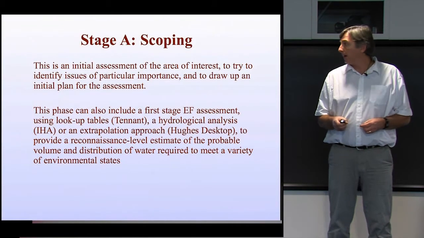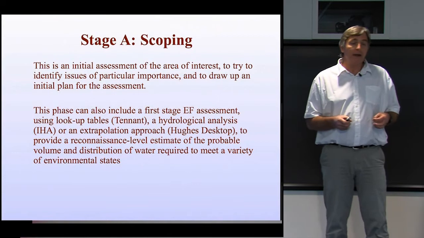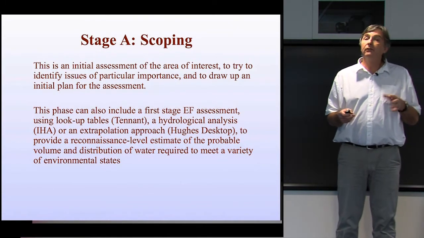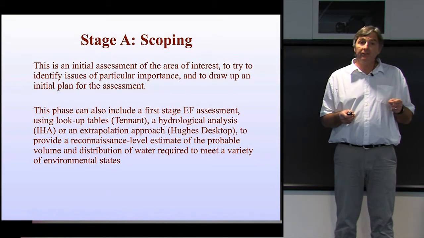Okay, so the scoping. This would be an initial assessment of the area of interest to try to identify issues of particular importance and to draw up an initial plan for the assessment.